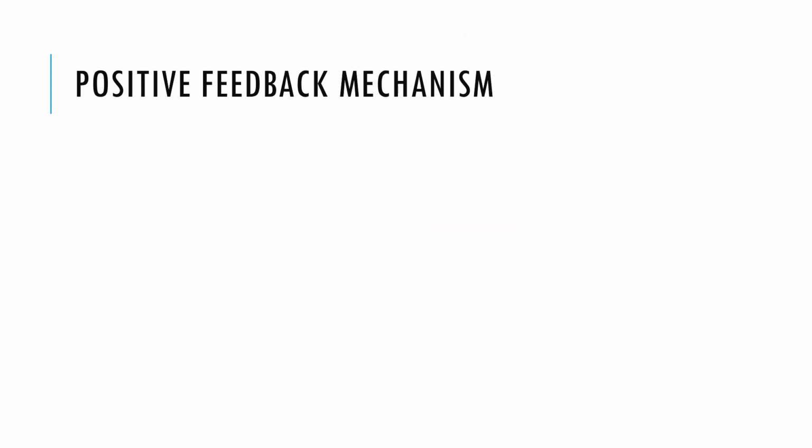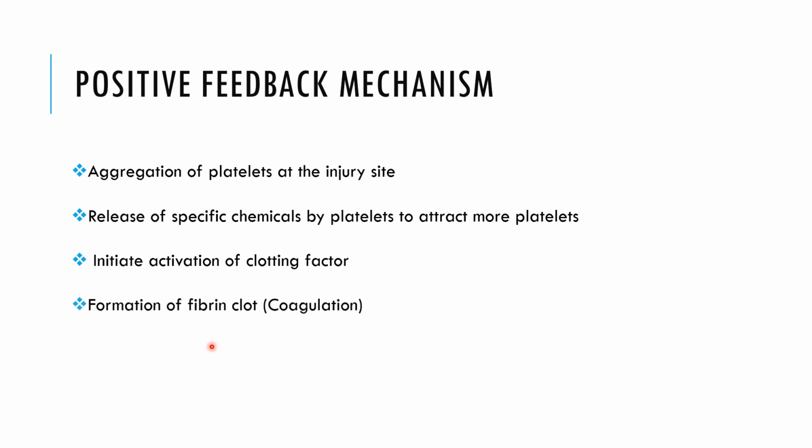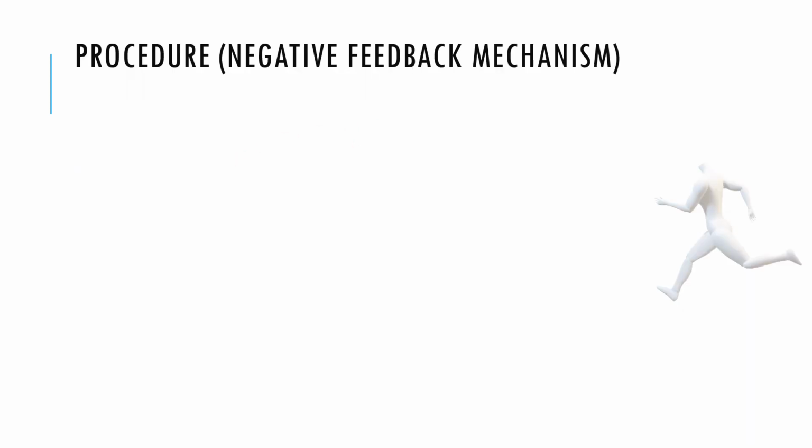Another example of positive feedback mechanism is the aggregation of platelets at the site of injury, then release of specific chemicals by the platelets to attract more platelets, then activation of clotting factors and the formation of a fibrin clot, that is coagulation. So coagulation is also a process regulated by the positive feedback mechanism.